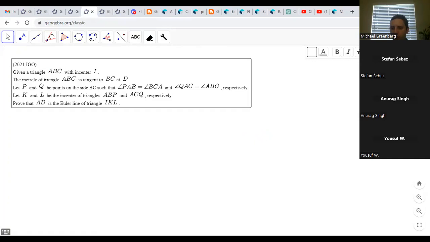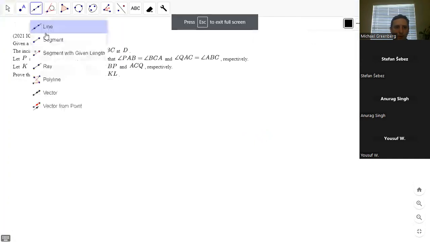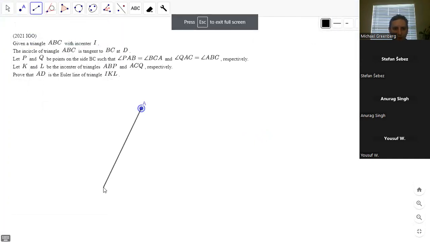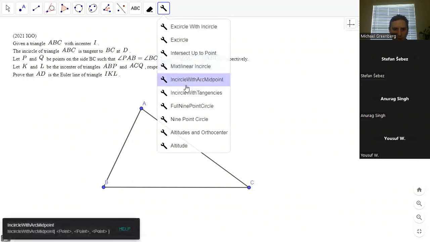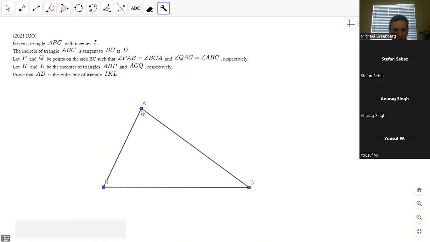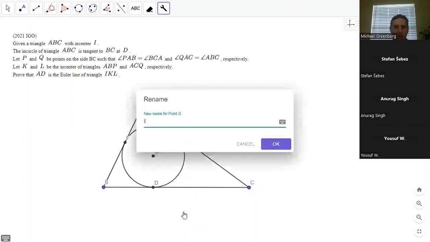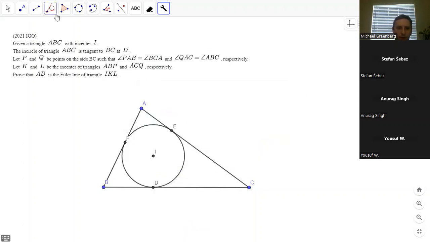Interesting. Okay, so we want to show both A and B lie on the Euler line of this triangle. We draw this. So PAB equals BCA.